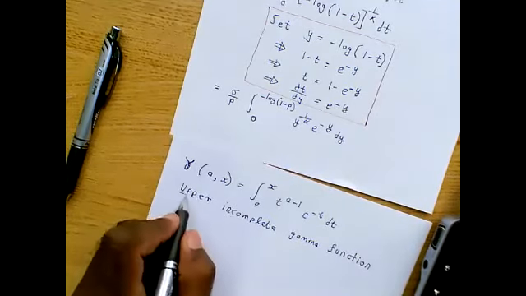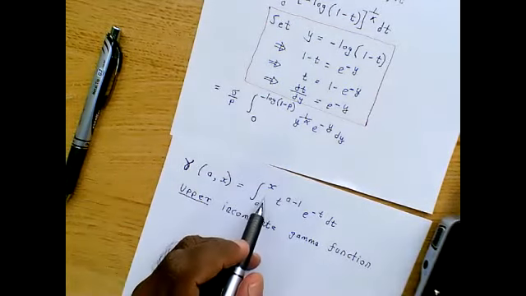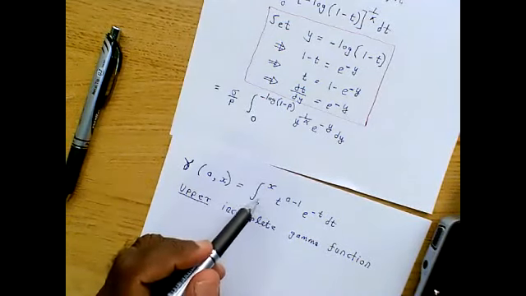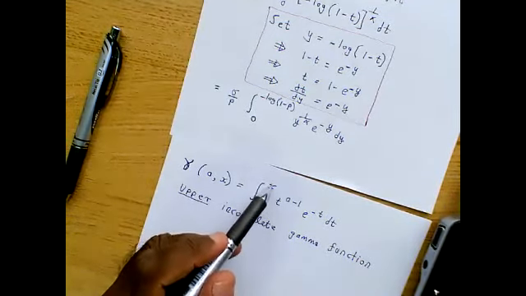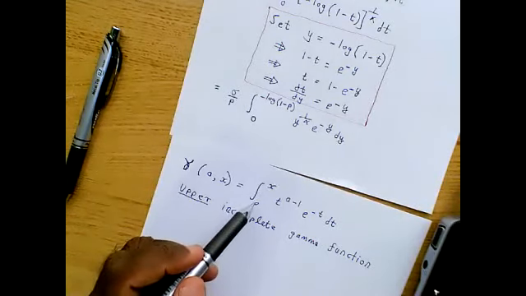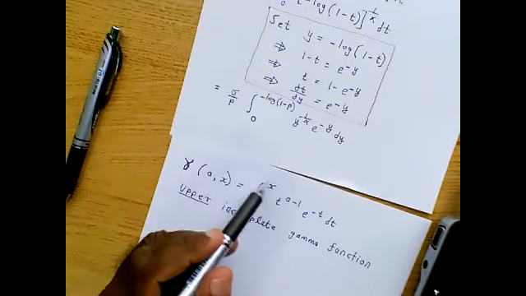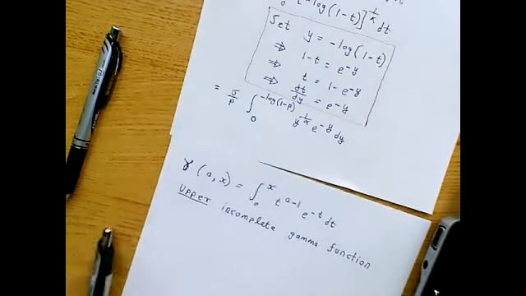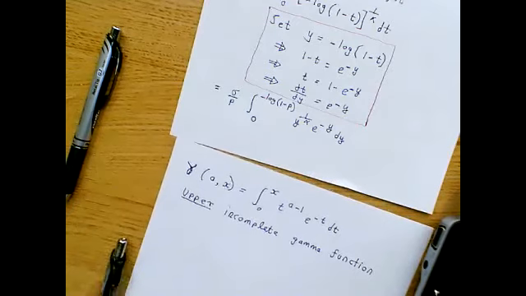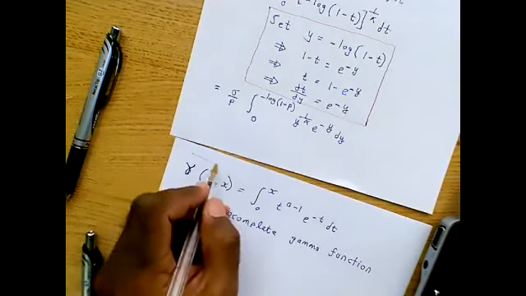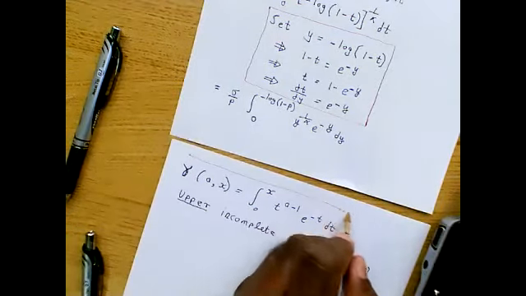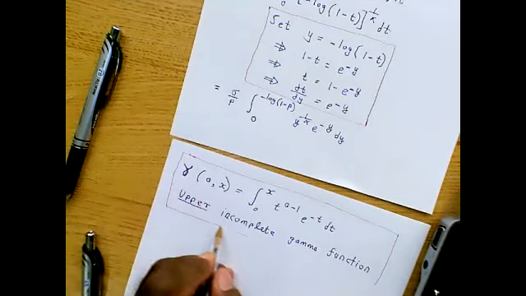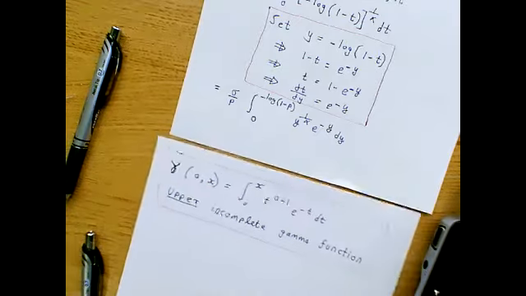The term upper refers to the upper limit, because in the usual gamma function, the upper limit is infinity, 0 to infinity. But here you're going from 0 to a fixed number, x. So hence the term upper. This is the definition I'm going to use for the final step.